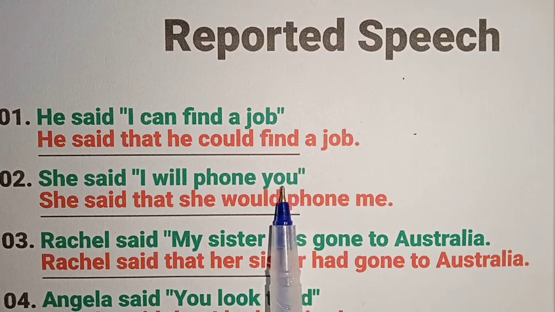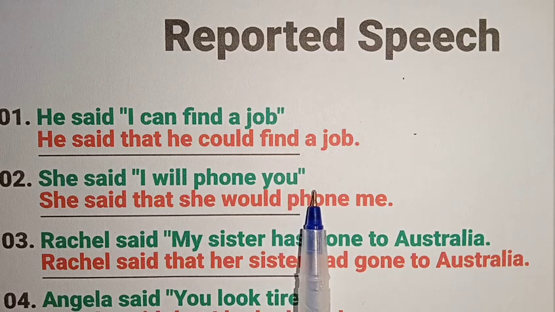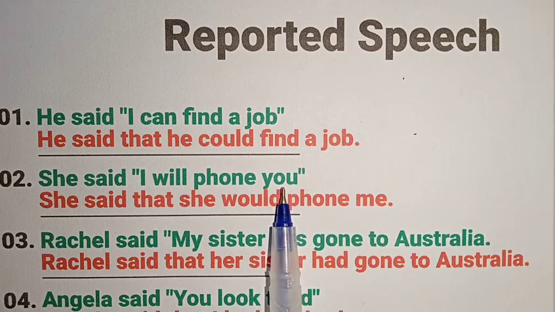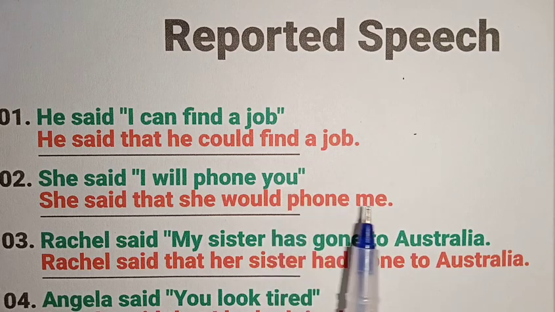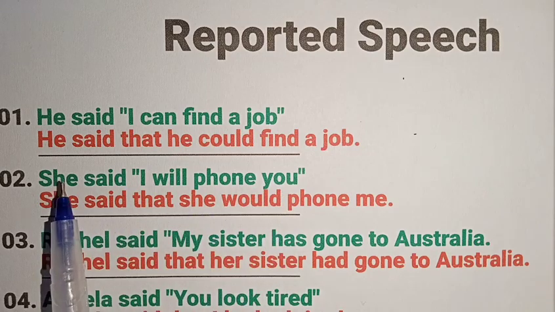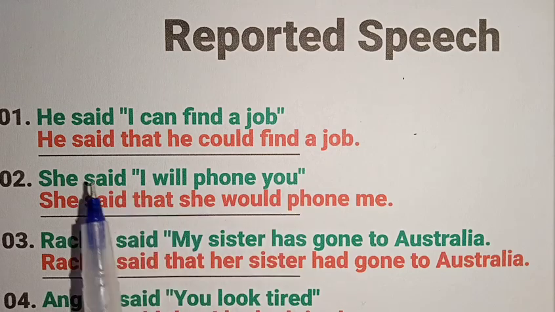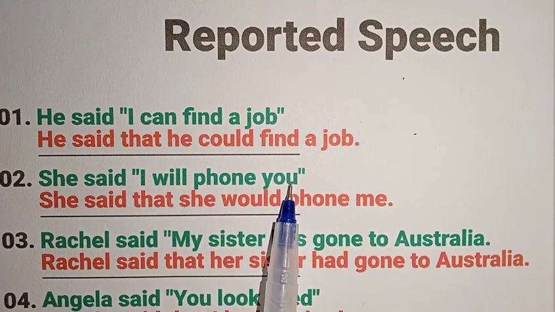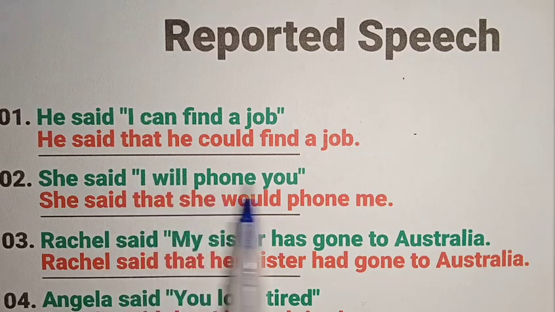When we change this pronoun, you have to mention it as you, which means me. You means me, because you hear this sentence. She talks to you. You can understand, "I will pawn you."